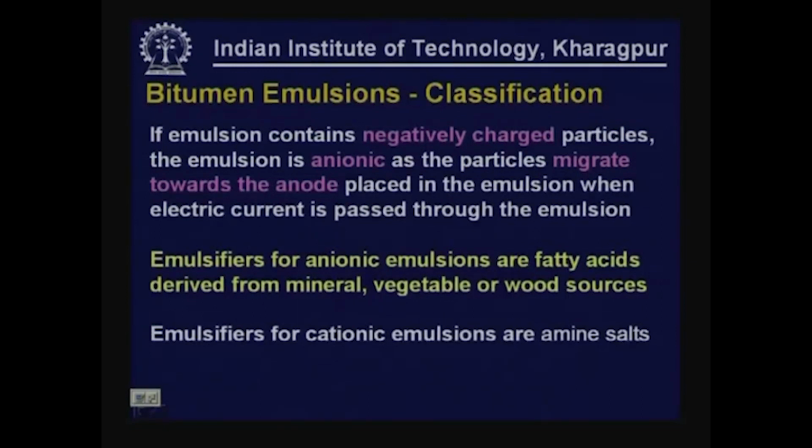That is why an emulsion having negatively charged particles is called anionic emulsion. Emulsifiers for anionic emulsions are usually fatty acids derived from mineral, vegetable or wood sources, whereas for cationic emulsions, the commonly used emulsifiers are amine salts.